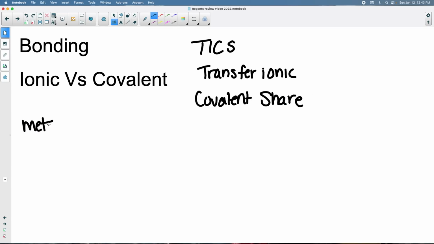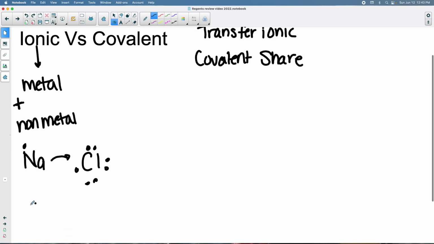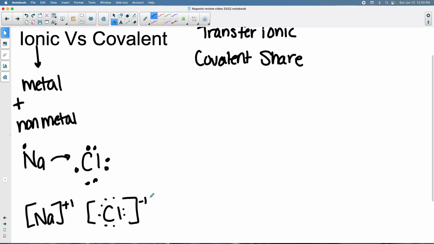Ionic is going to be metal plus nonmetal with transferring of electrons, like Na giving its valence electron to Cl. We draw it with brackets. Na becomes +1 because it lost. Chlorine now has 8 valence electrons with a -1 charge.